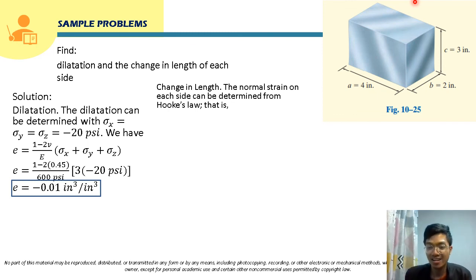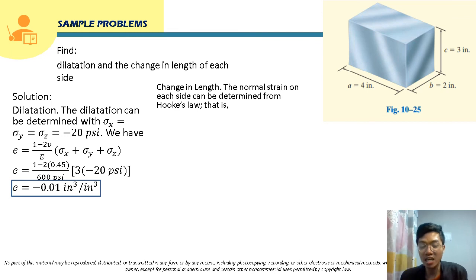This rectangular block will be triaxially loaded. It will be loaded in the x, y, and z direction. But here, class, the stresses in all directions are all equal. The stress is 20 psi compression, right?